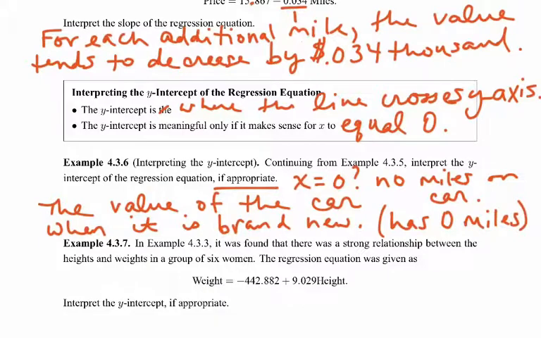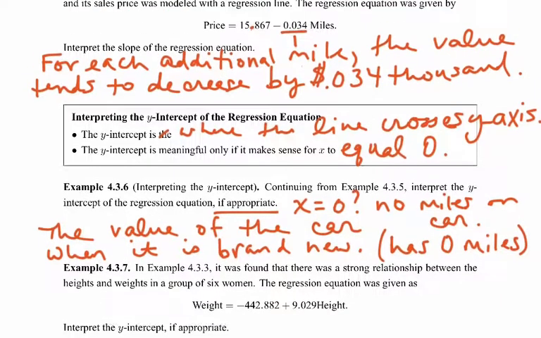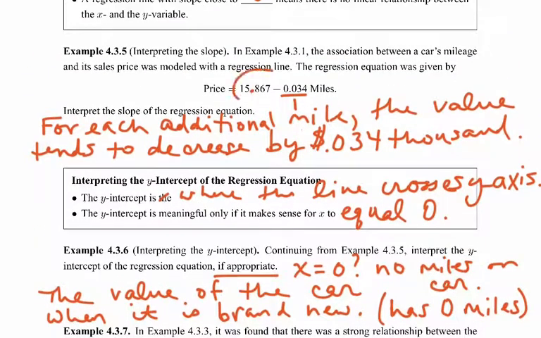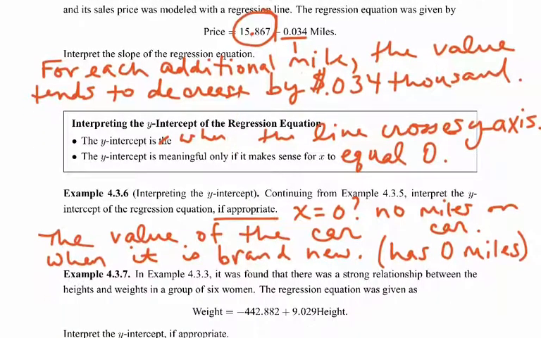Okay, so it does make sense in this situation because the car can have 0 miles on it when it's brand new. So if we go back to our equation, that 15 in thousands would be 15.867. That would have been the value that the car would have cost when we first purchased it.